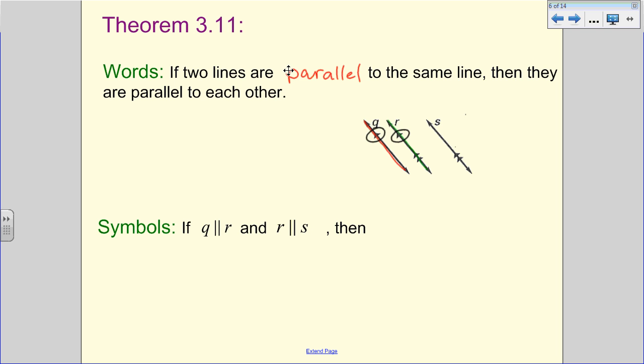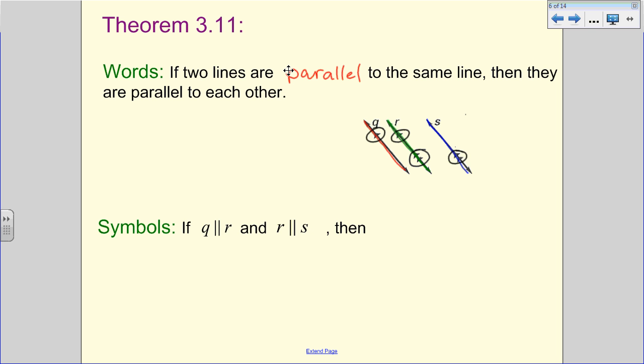They have one triangle. And R is parallel to S. And they're being shown as parallel because they have two triangles. So these triangles show which lines are parallel. One triangle will show one pair, two triangles would show a second pair, three triangles would show a third pair.